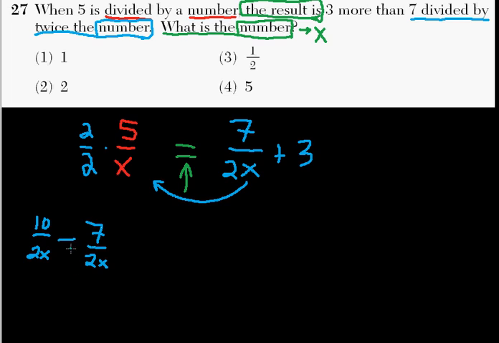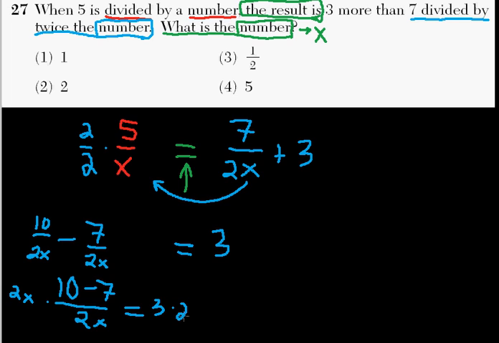That's where this 7 over 2x comes from. And then equals 3. Okay? Well, 10 minus 7 over 2x is the same as 10 minus 7 all over 2x equals 3.